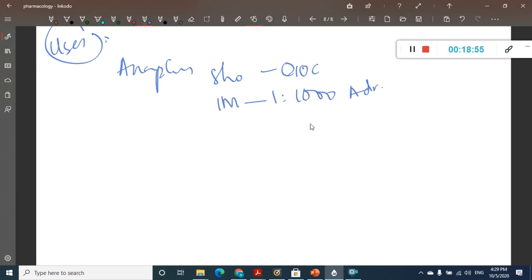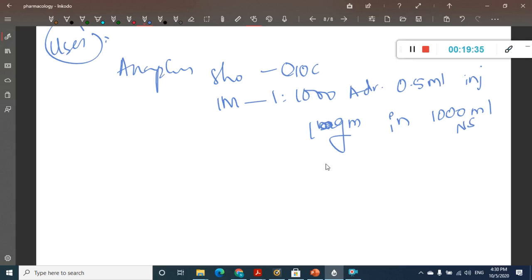So what does 1 in 1000 adrenaline mean? Sorry, this is not 1 milligram, it is 1 gram. 1 in 1000 means you give 1 gram of adrenaline in 1000 ml of normal saline.